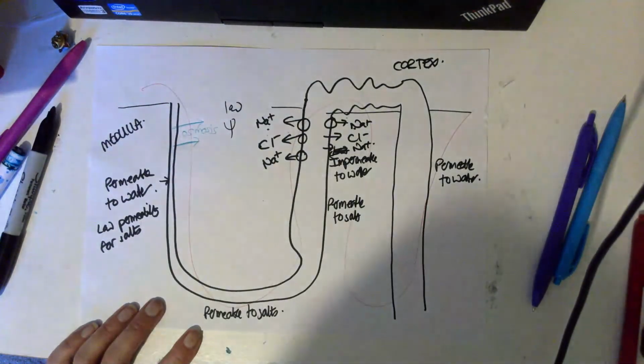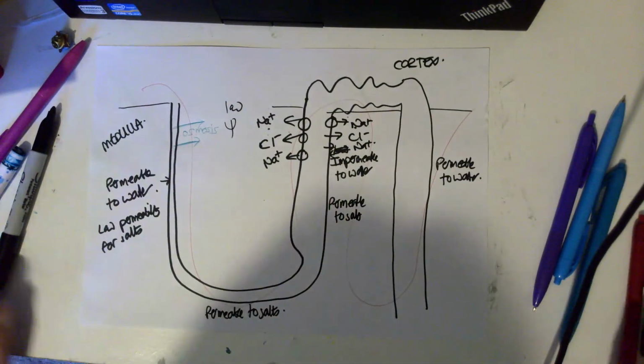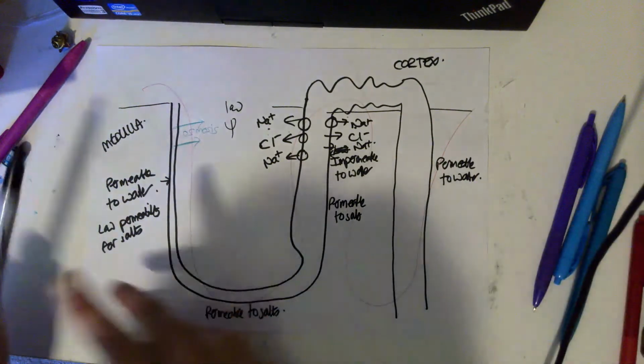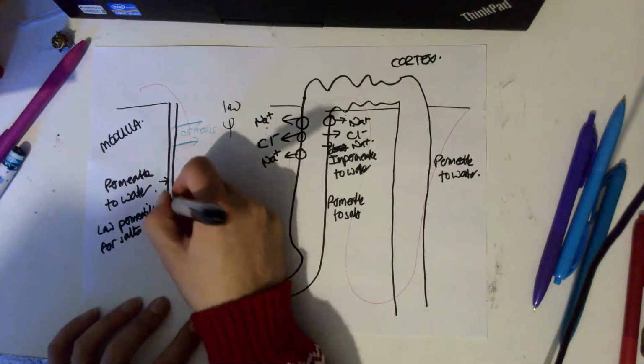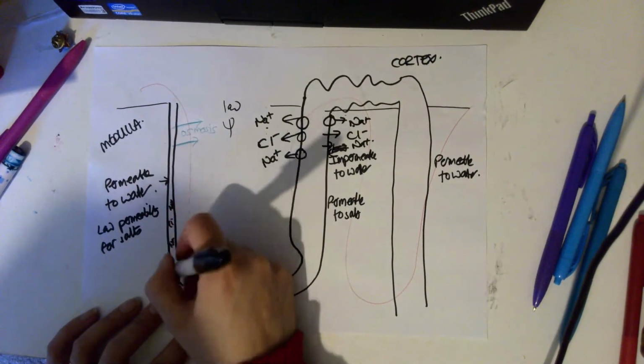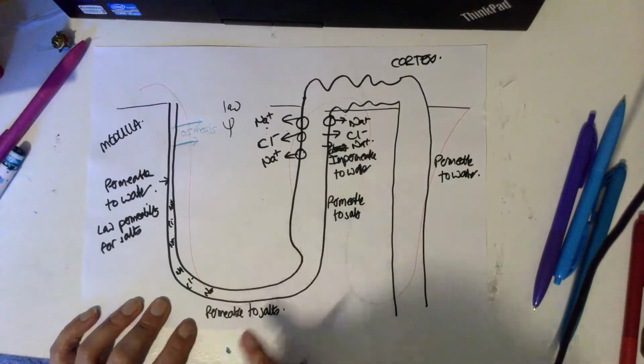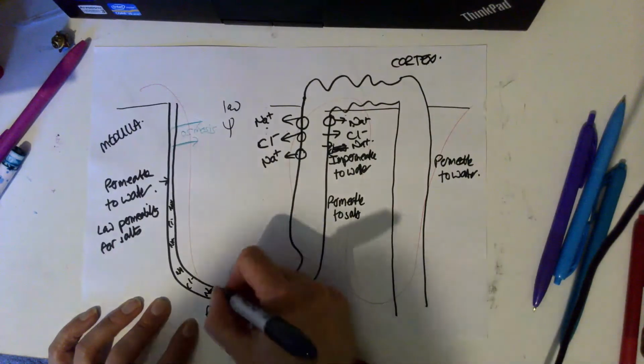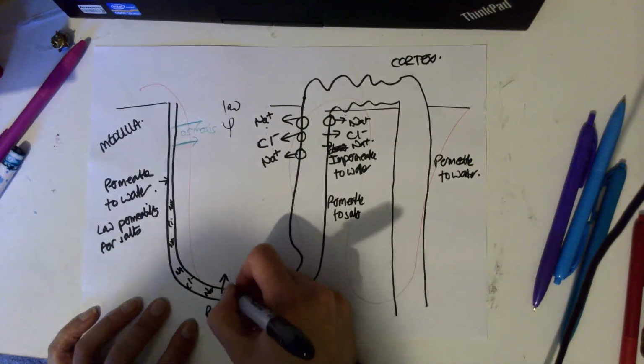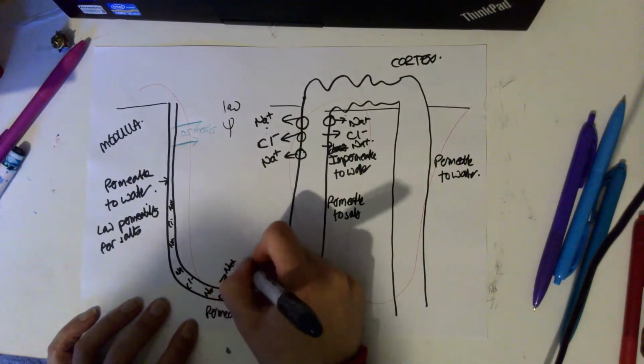into the medulla, and as a consequence we start to get a build-up of salts, which before was diluted down, and these salts will then, in the area where it's permeable to salts, start to diffuse out into the medulla.